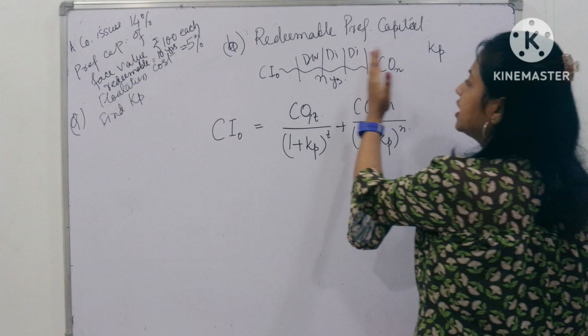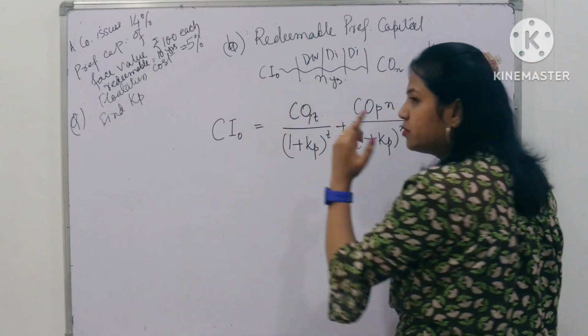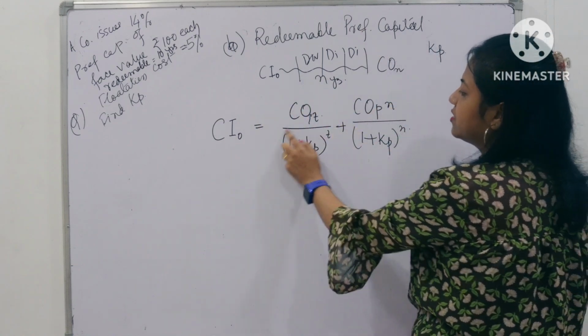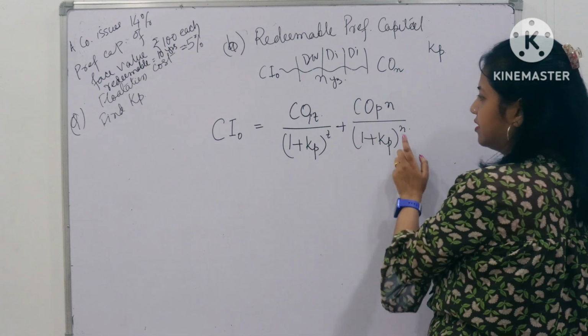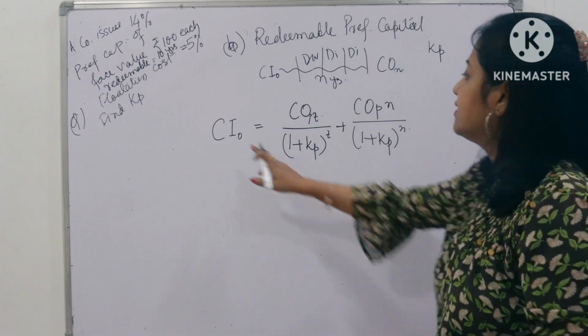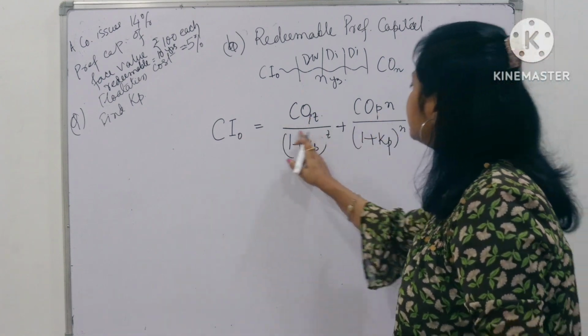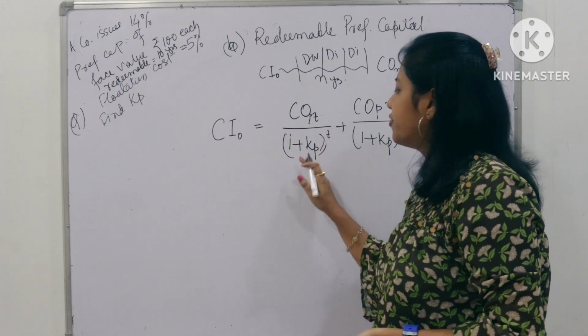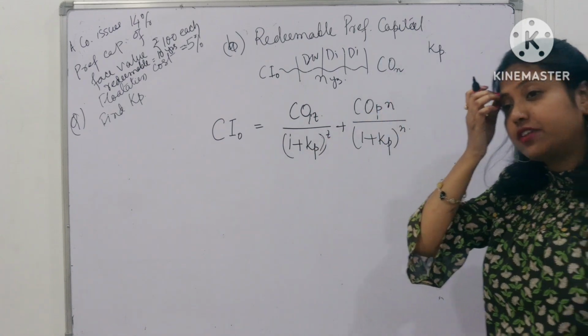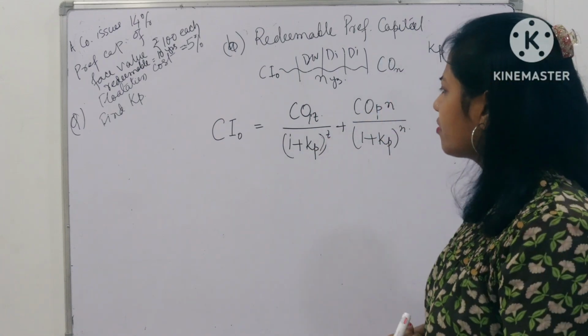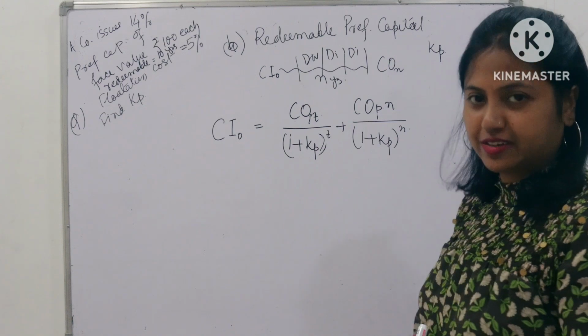Whatever outflows take place have to be discounted to know their present value. This factor is not known, and if it is known, we can find out Kp. Now the question is how to know this factor.